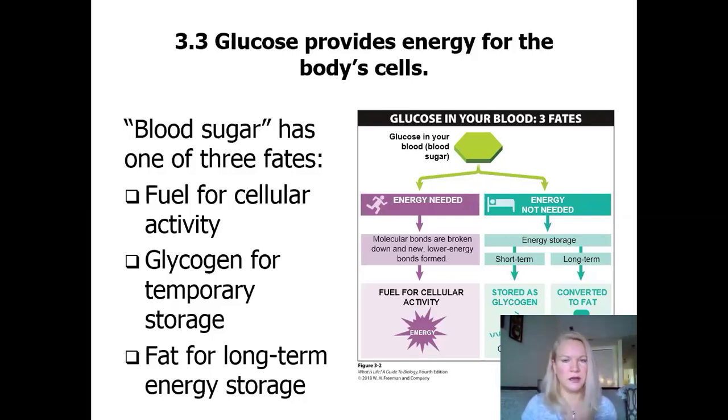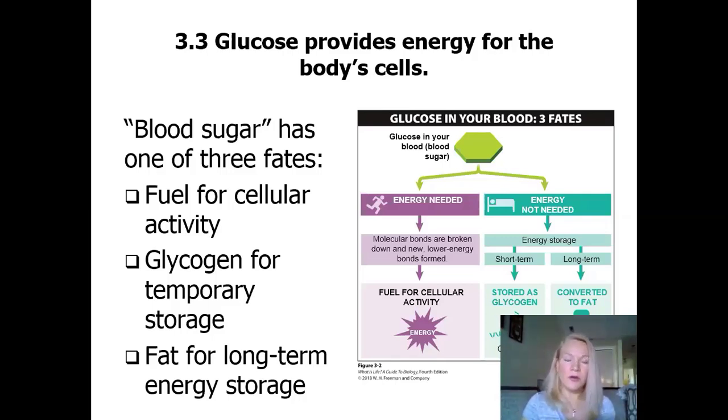It just affects people in different ways. So when that glucose molecule is readily available in the blood and we exercise, it's great because we can use it right away for cellular respiration, creating that energy in that process.